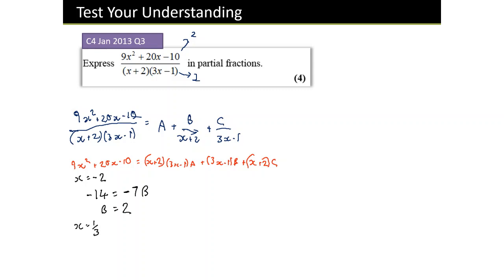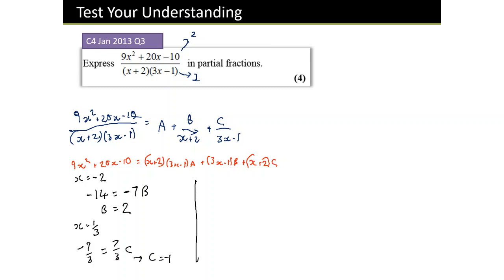That's 20 lots. On the left-hand side of my equation, I get minus 7/3. Then on the right-hand side of my equation, this a term will be equal to 0. This b term will be equal to 0. And then this c term, when x equals 1/3, is 7/3. So I get minus 7/3 equals 7/3 c. And so therefore, c equals minus 1.